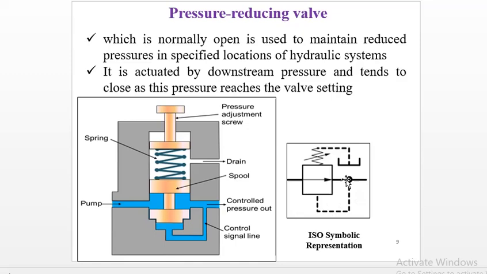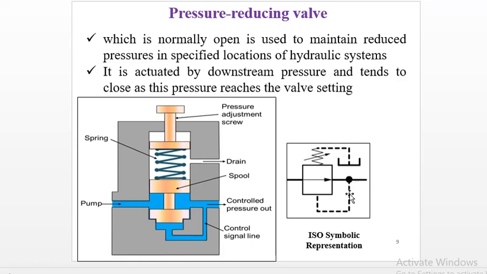So here, suppose this is the low pressure region and somewhere this is the high pressure region, and this line is connected to that. If we want to provide some operation to this region which works on the low pressure, here the continuous flow is flowing from the upstream side to the downstream side, but this system doesn't require that much pressure whatever the flow will provide to that system.